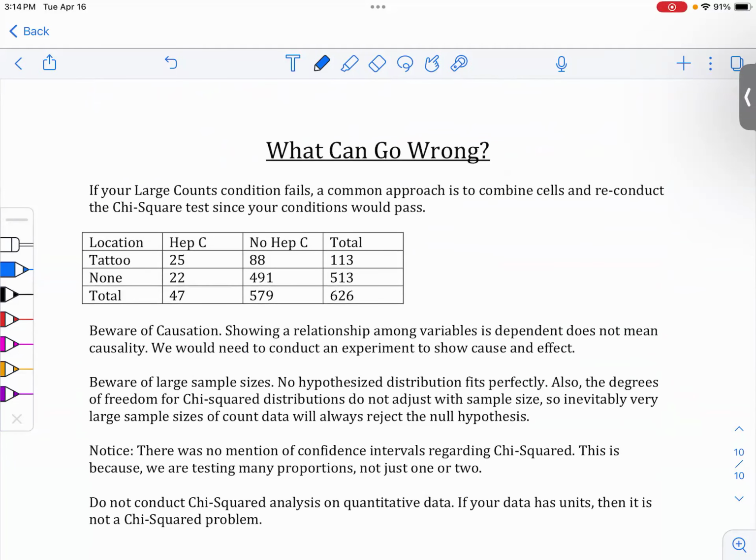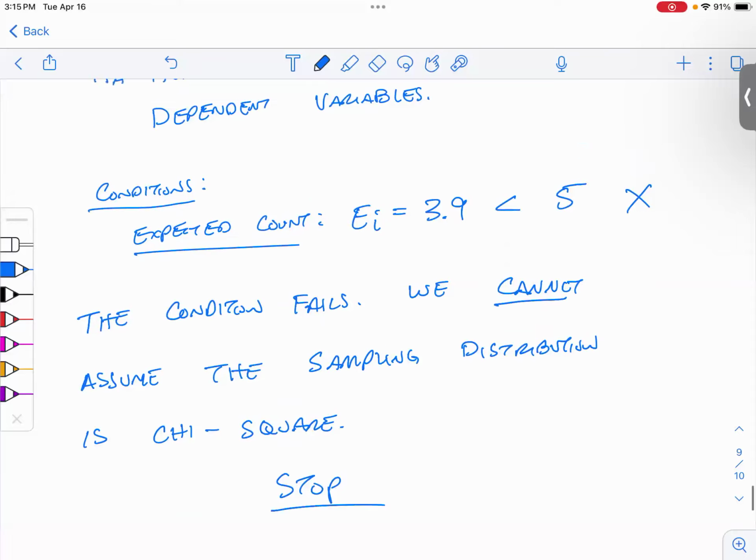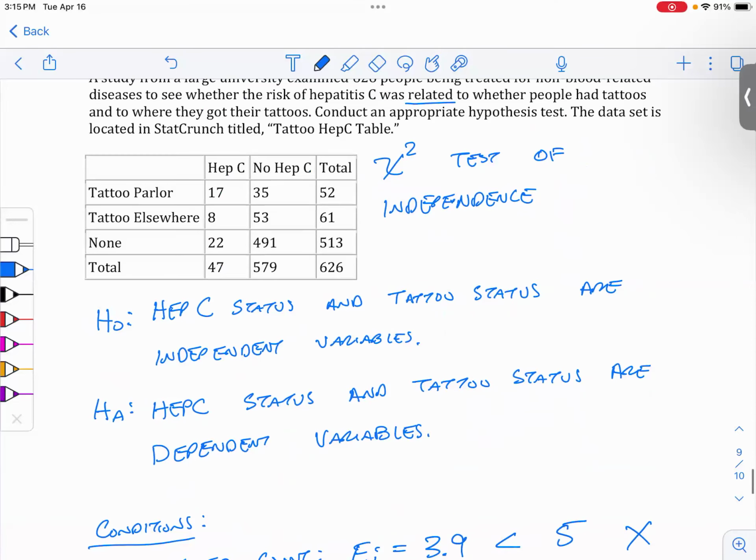So along those lines, looking at the one we just looked at, note our cell count condition failed. A common thing is to go through and combine cells. And this is what you did in your project. When you have all these small cells, combine them. Specifically, the two cells that failed were tattoo parlor and elsewhere.